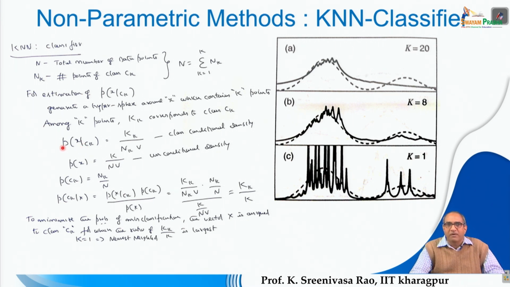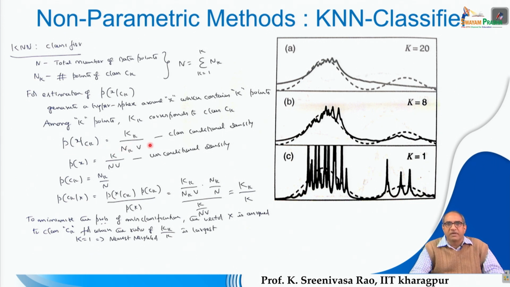Probability of x given ck is Kk divided by nk times V. Out of k points, Kk correspond to class ck, and the total number of points belonging to class ck is nk. So this is the probability density, the probability of x given ck.